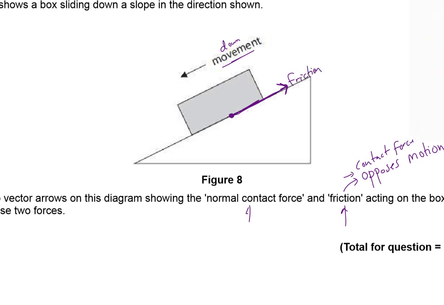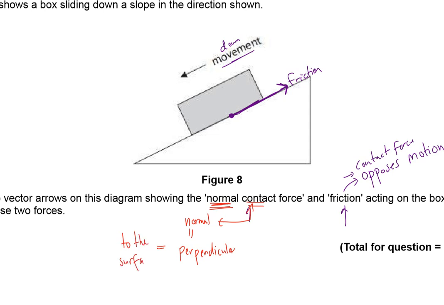Now, normal contact force. The word is normal. Normal means perpendicular, and it tells you it is contact. Every time you're touching the ground, there's always a normal contact force. It is normal, perpendicular, to the surface.